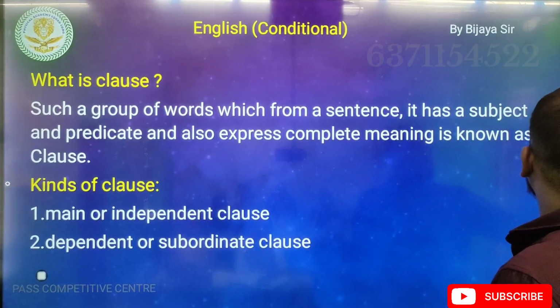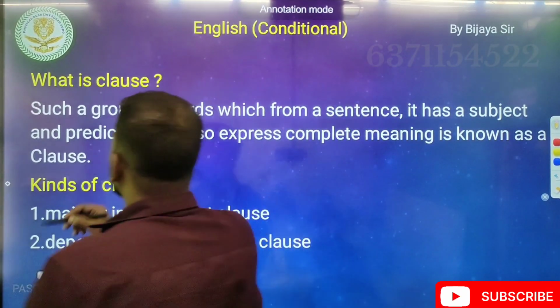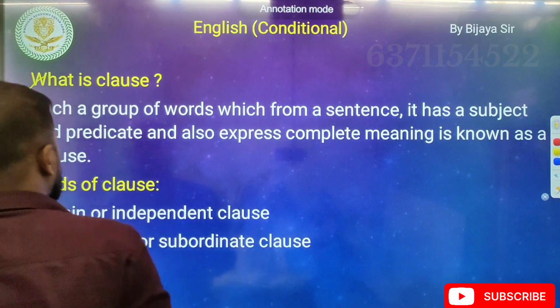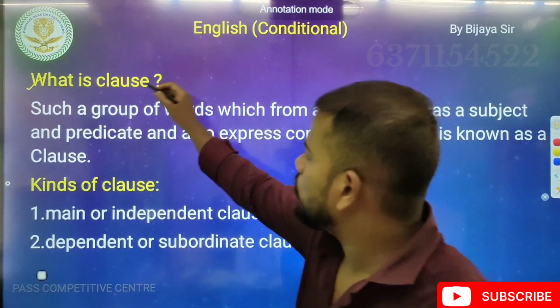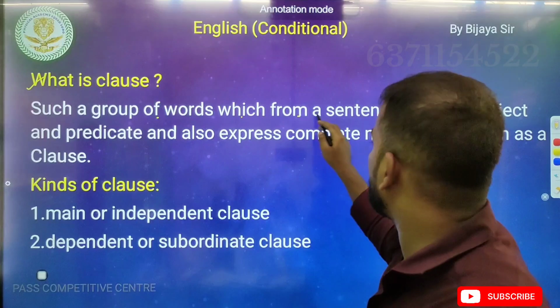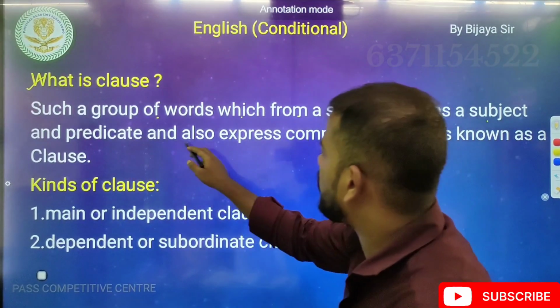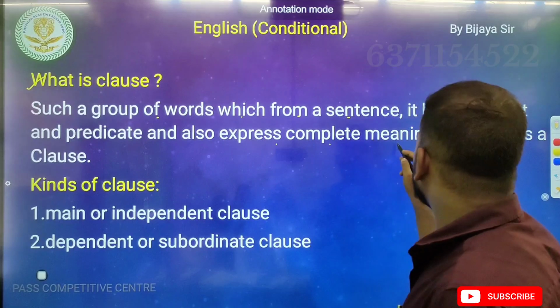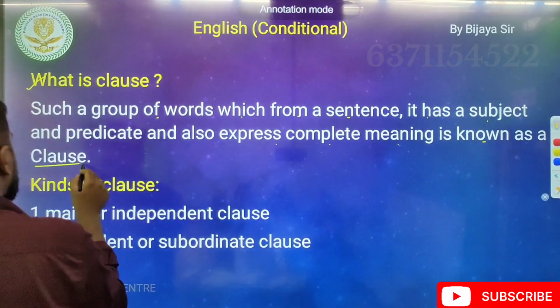So now, dear students, before we read conditional clause, we have to know what is a clause. The definition of clause: such a group of words which form a sentence, it has a subject and predicate and also expresses complete meaning, is known as a clause. So what is clause, dear students?